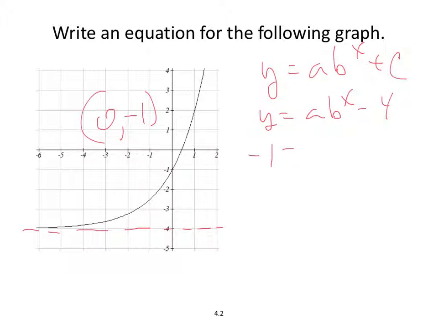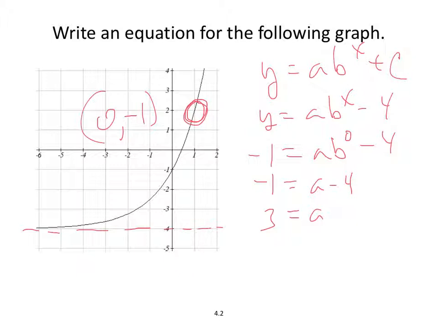So -1 equals a times b to the 0 minus 4. See, I didn't need to know what b was because b to the 0 is 1. So -1 equals a minus 4. A has to be equal to 3. And then I've got to find b. So what I look for here is a point that goes through a nice lattice point.